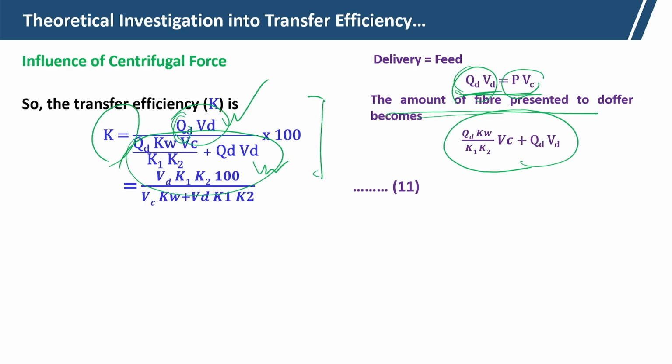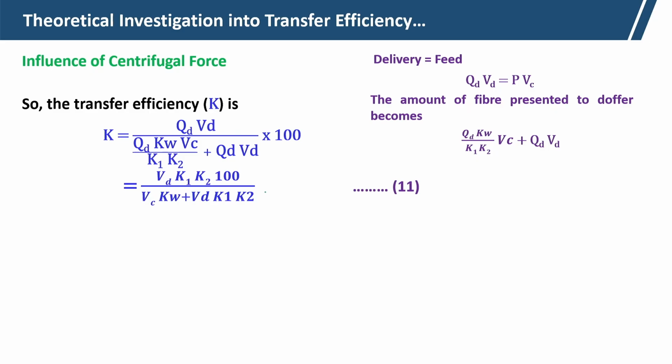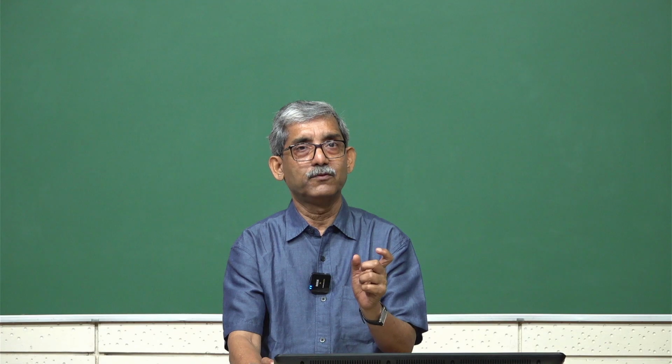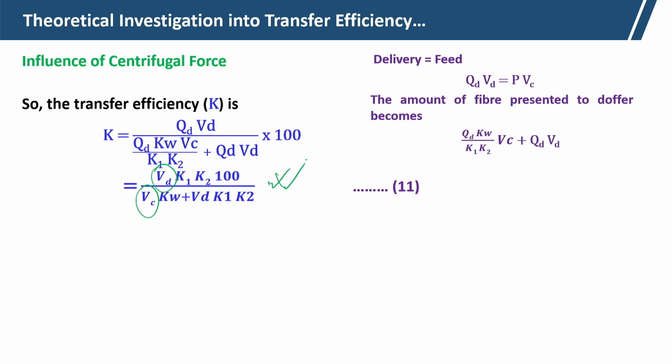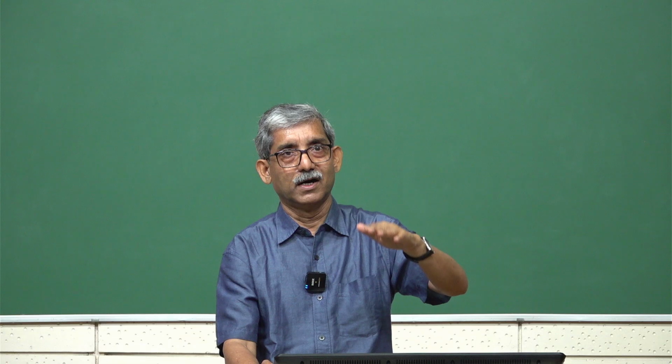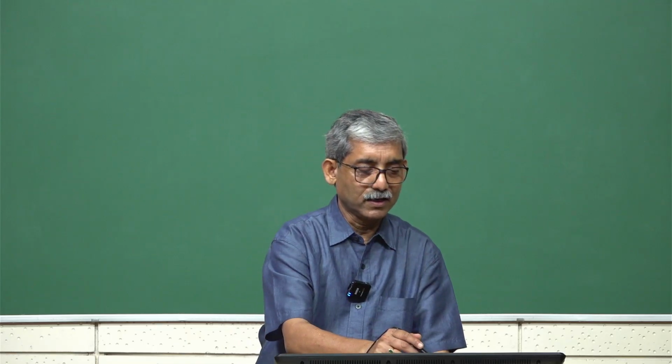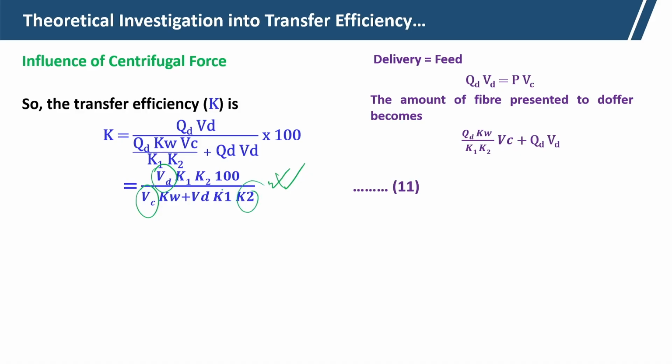So, if we rearrange this equation, this will be this, where velocity of cylinder, velocity of doffer, everything is taken into account. So, from this relationship, if we take the consideration of all the factors, we take this relationship. If we try to eliminate some factors, then we can assume this as unit. So, you can simplify which parameter is important, that we can take into account.